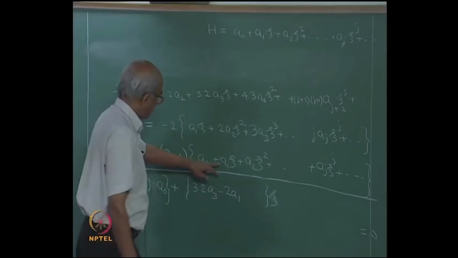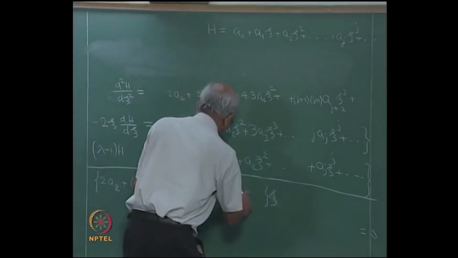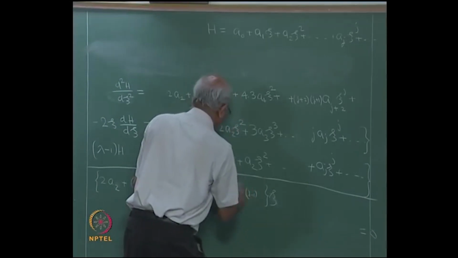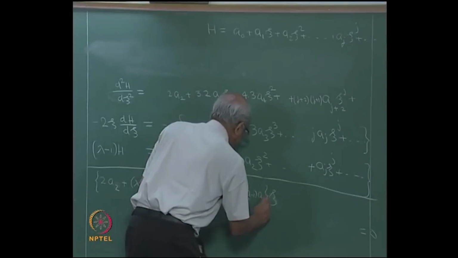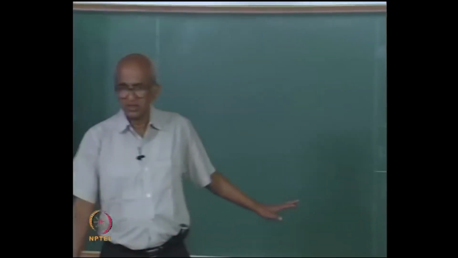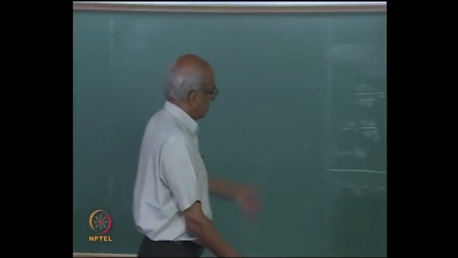And from there what will happen, you will get plus lambda minus 1 into a1, correct. Again I suppose I have not made any mistakes.